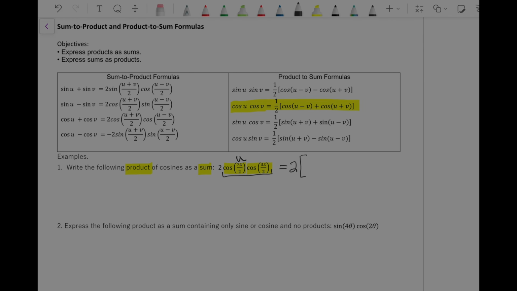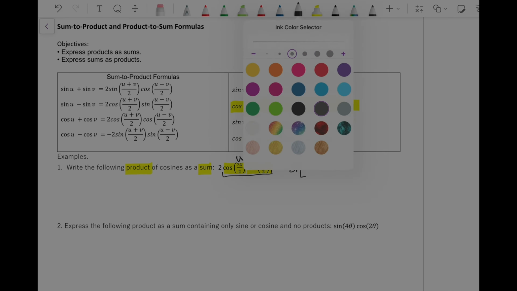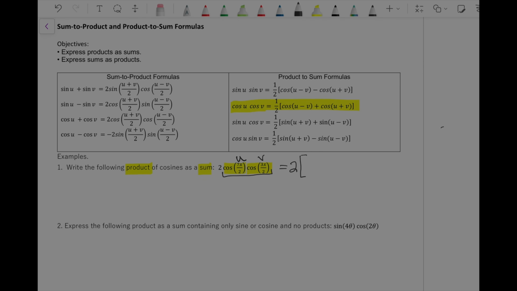This angle is my U, this angle is my V. So we'll have a 1/2 cosine U minus V. And then there's a plus sign, and then we have cosine U plus V. And then we just clean up if we can.